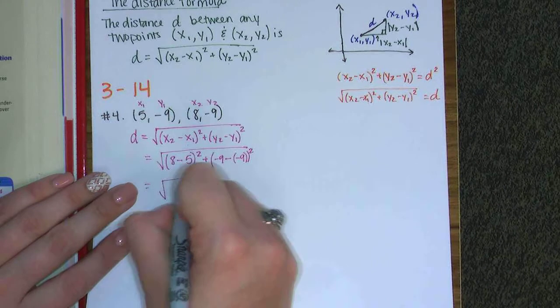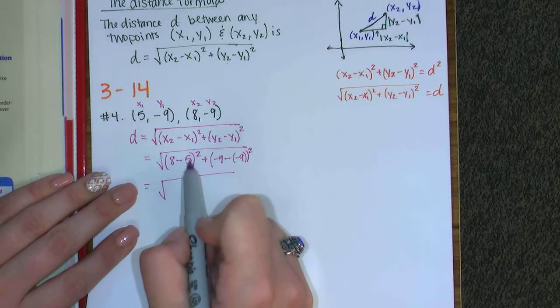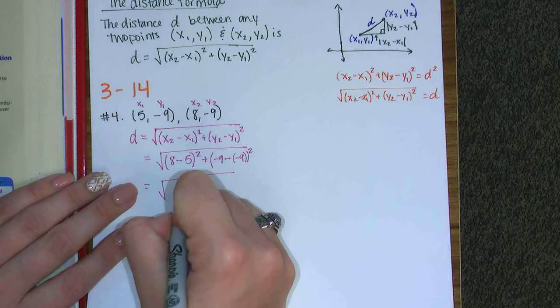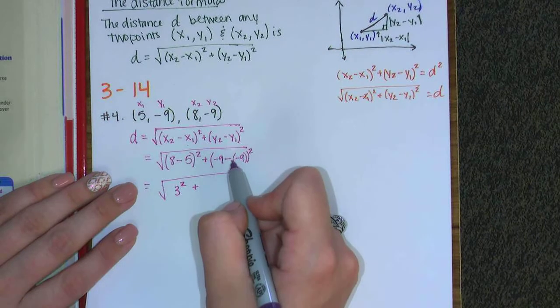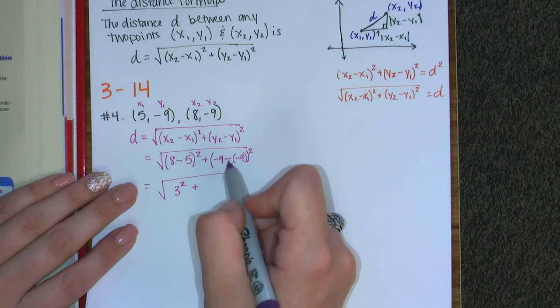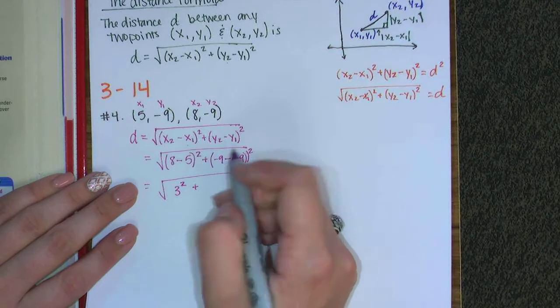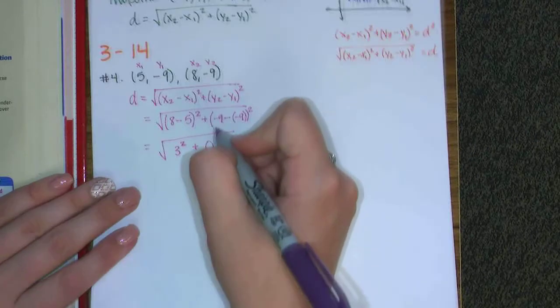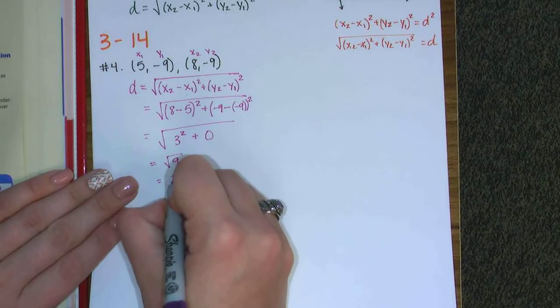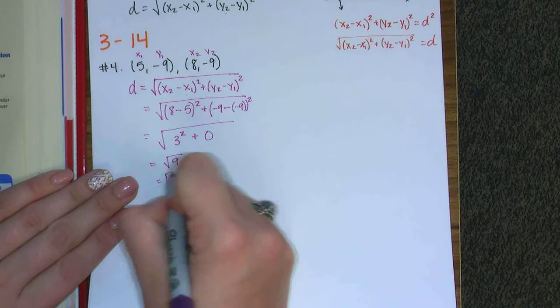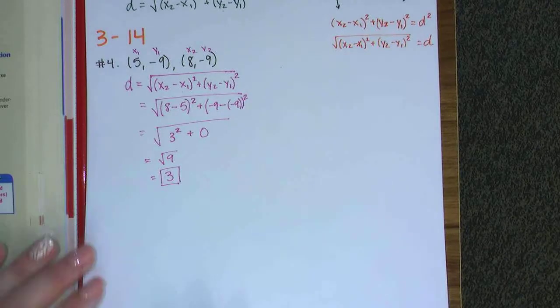So now this is equal to the square root of 8 minus 5 is 3. So 3 squared plus -9 minus a negative is positive. So -9 plus 9 is 0. So that's just going to end up being plus 0. So this is going to be the square root of 9, which is 3. So the distance there is 3.